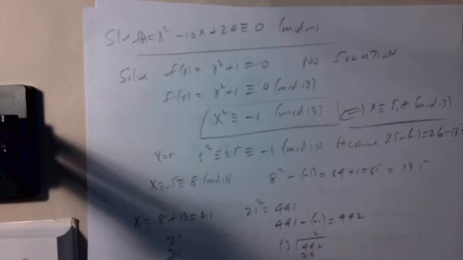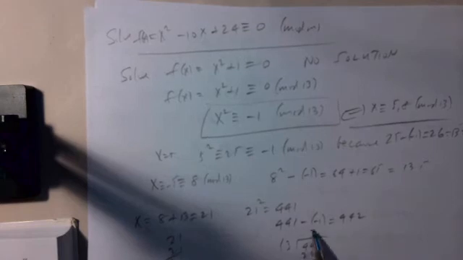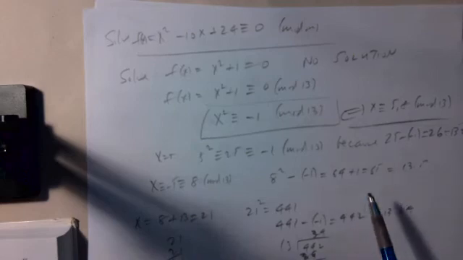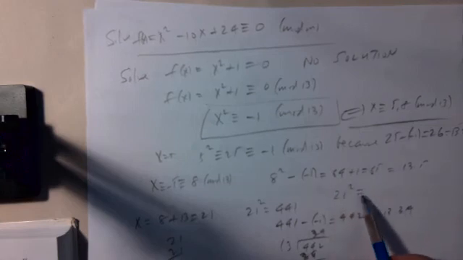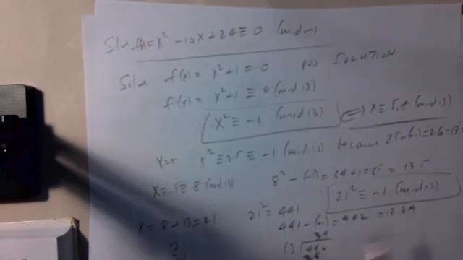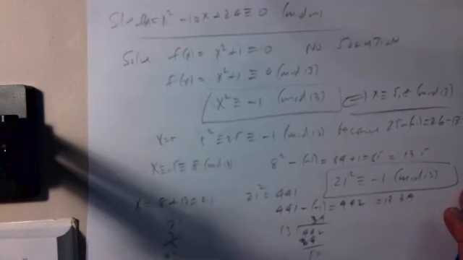I don't know. 39, 50, this is equal to 13 times 34. So 21 squared is congruent to -1 mod 13. Really very interesting.